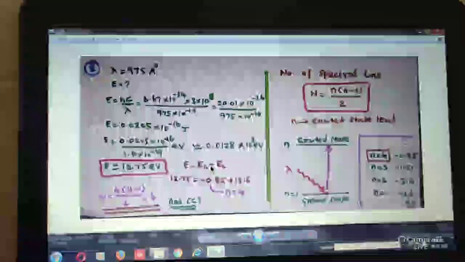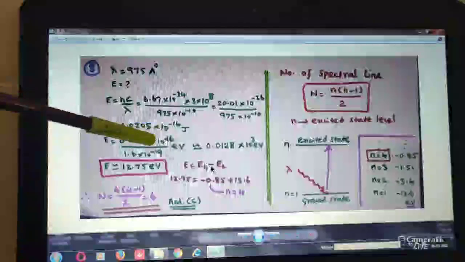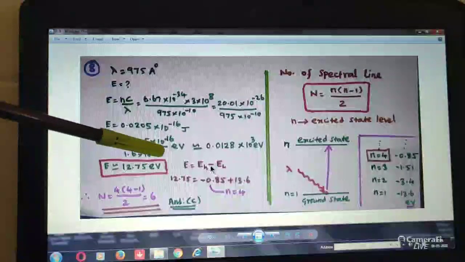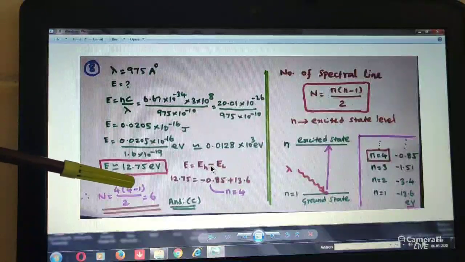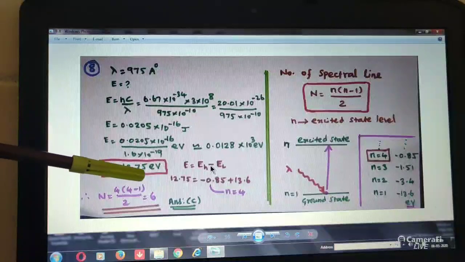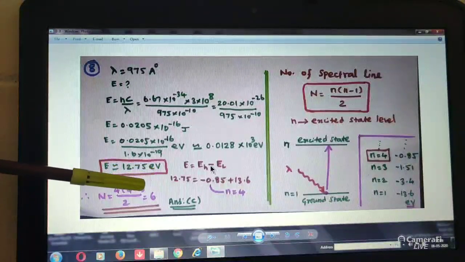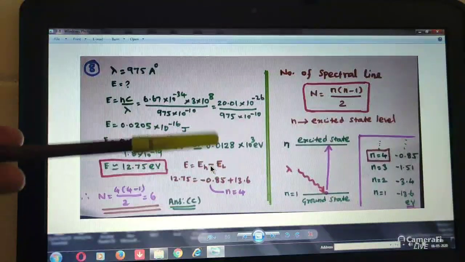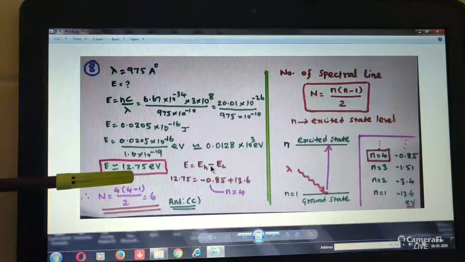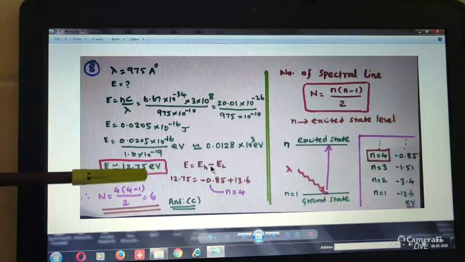But all the energy levels I mentioned are in electron volt. So if you divide by 1.6 into 10 power minus 19, the entire value is converted into electron volt. That electron volt value I got nearly 12.75 electron volt. Actually 12.8 will come, but for our convenience I take the nearest value, 12.75 electron volt.